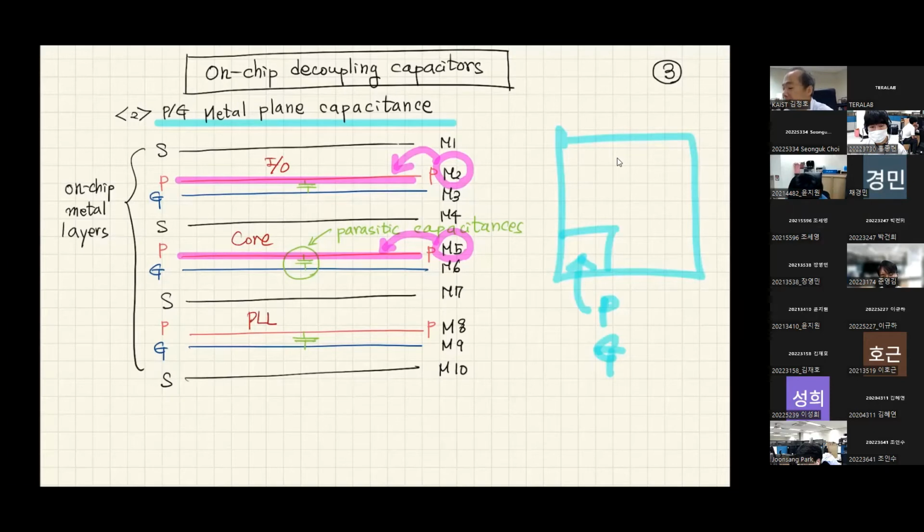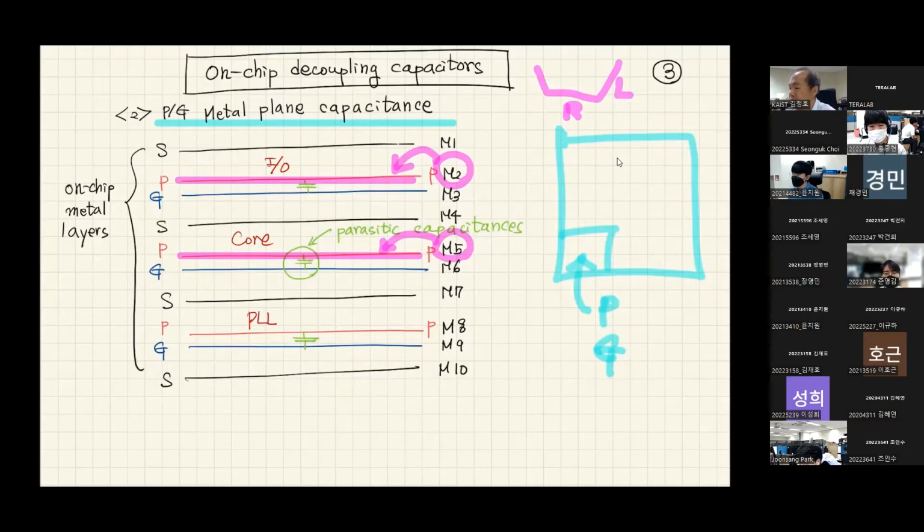There might be many different types of assignment. You have to choose which metal is going to be used, because depending on which metal you use, you're going to have different resistance and different inductance.